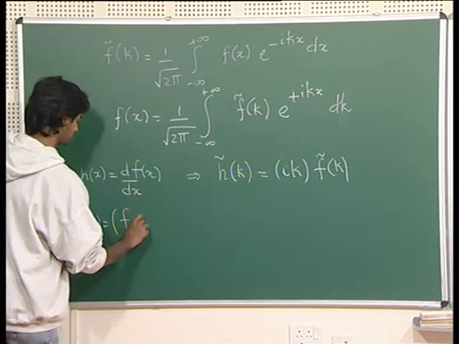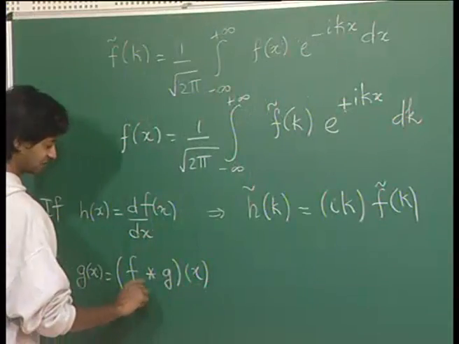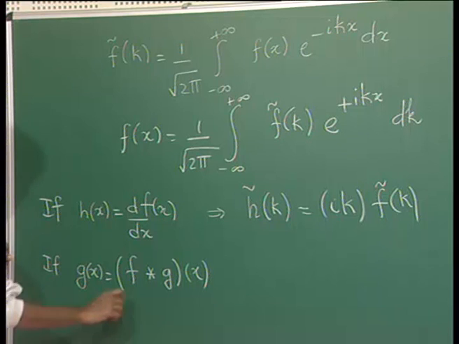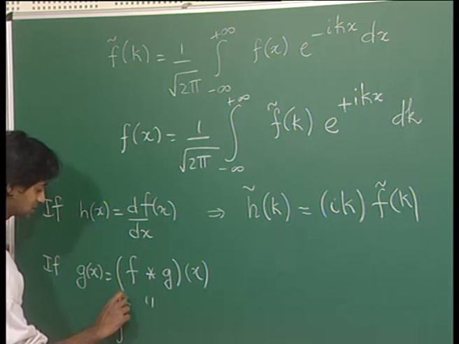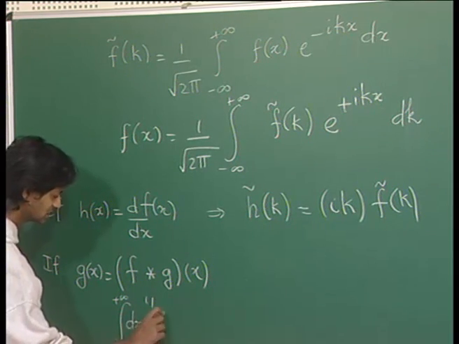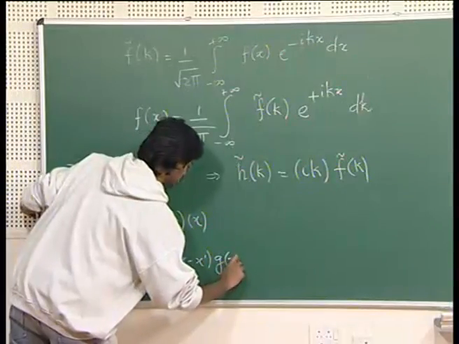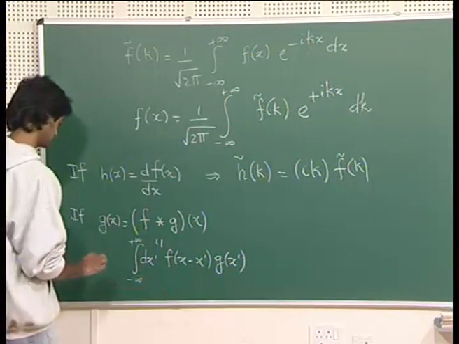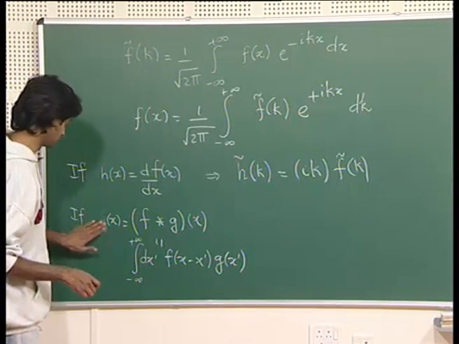the convolution of f and g. f star g is a function of x, and this function we wrote as the integral of f of x minus x prime g of x prime. Let me call this h of x.